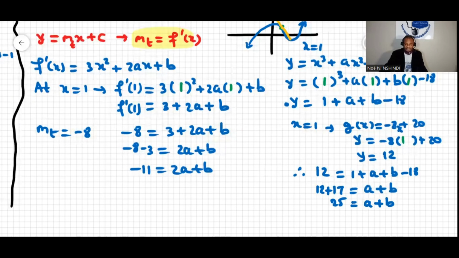All right. So now we have two equations consisting of two unknowns, so this is solvable. We have equation 1 and equation 2, and now we can solve the two equations simultaneously.